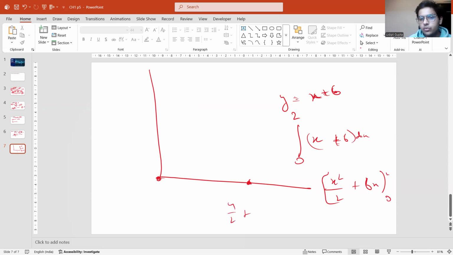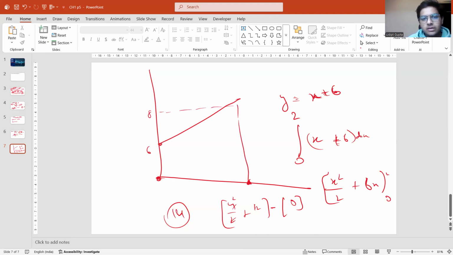So 4 divided by 2 plus 12, minus 0, so 2 and 12, that's 14. The area under this curve is 14, whatever units it can be.